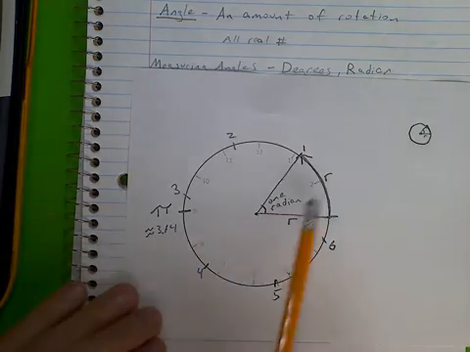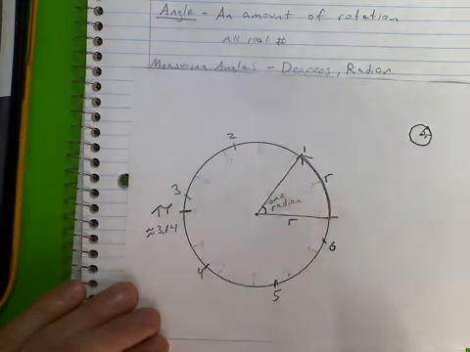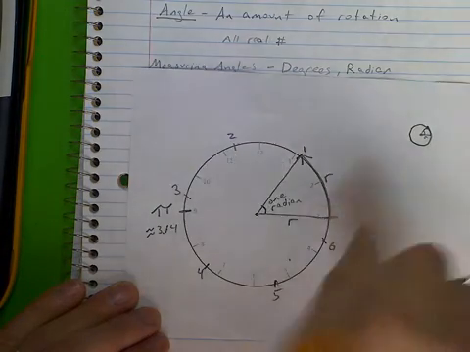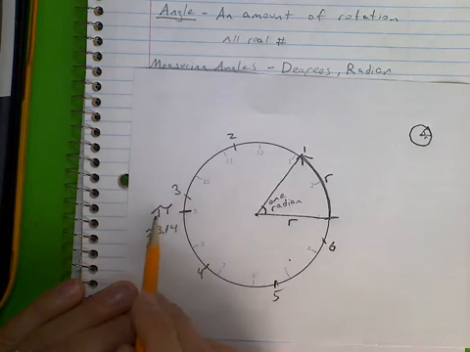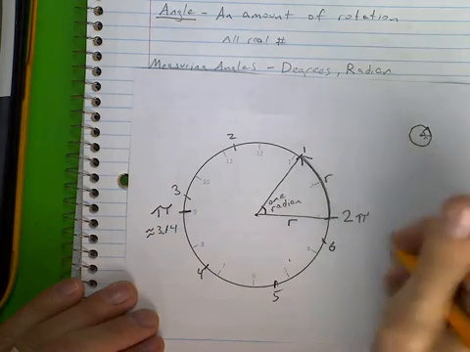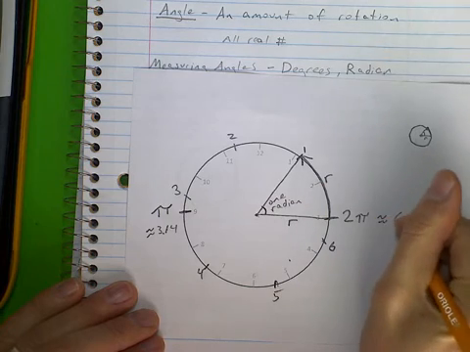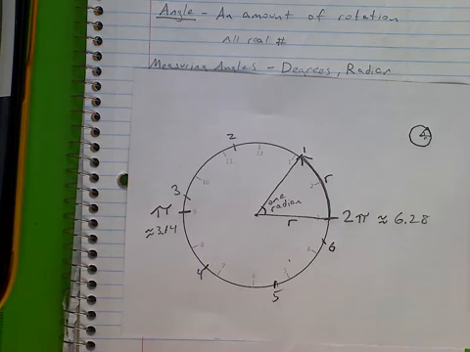Which means it takes exactly how many copies of the radius to make it all the way around the circle once? Hint, it's twice as much. Yeah, 2 pi. Or approximately 6.28. And maybe that makes sense.